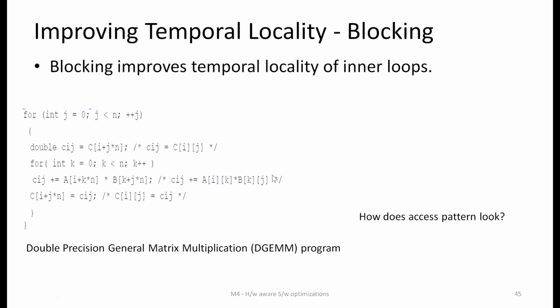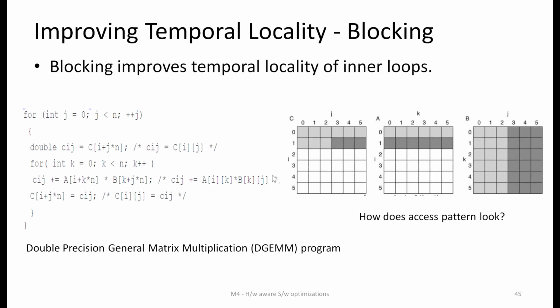And if we look at the way the matrices A, B, C are accessed, it would look something like this. So for a row of accesses in A, we would access a column of elements in B, and we would generate a row of elements in C. That's pretty straightforward. That's what we normally do.